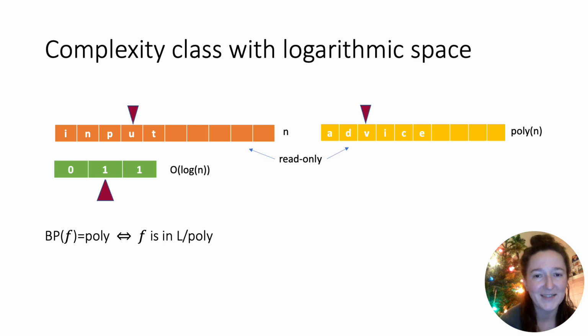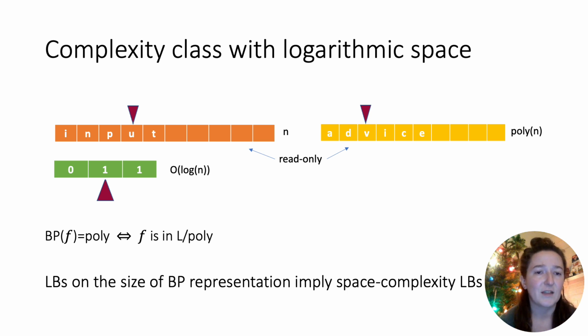From the structural complexity point of view, branching programs are a very important mode of computation because they capture the space complexity of the computation. For instance, the class of languages recognized by a non-uniform family of branching programs of polynomial size is exactly the class of languages that can be recognized by a Turing machine with logarithmic amount of memory, which uses non-uniform advice of polynomial size.